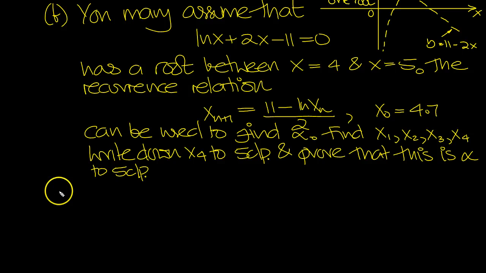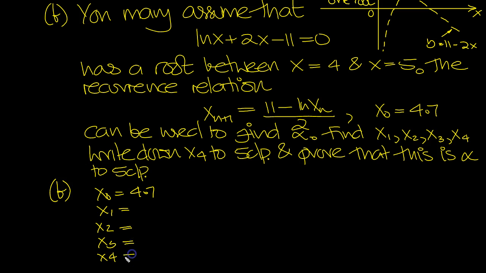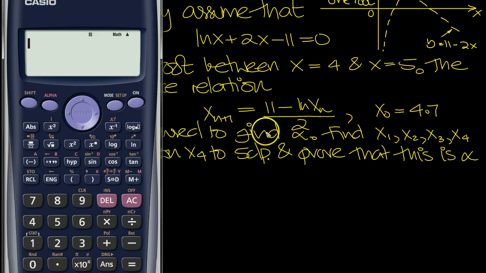Okay, part B now. So x0 equals 4.7, then x1, x2, x3, x4. We can write them down as we go through. This is the formula, so we'll need 11. Put 4.7 in the answer first.